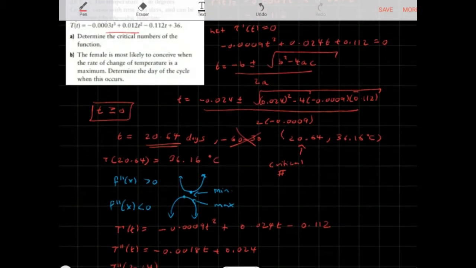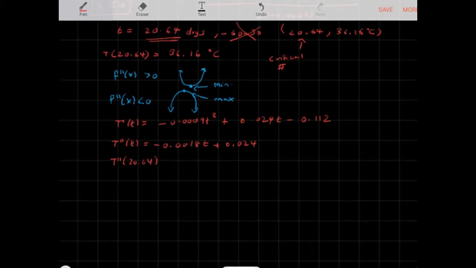Okay, so if I do t double prime of 20.64, if I plug this in, I'm going to get negative 0.0018 times 20.64 plus 0.024, and that's going to give me approximately negative 0.013.